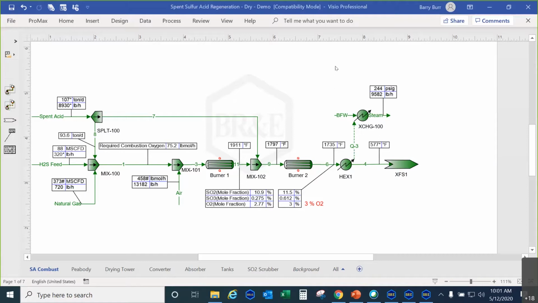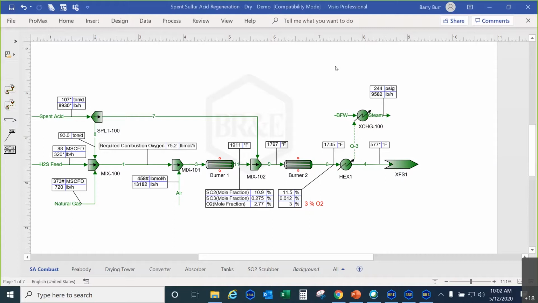I don't have very much experience with sulfuric acid, and until January, I'd never thought about simulating it, and I couldn't tell you the basic reactions that proceed to sulfuric acid production. But I've done a little work on it this spring, and I've done a lot of ProMax modeling work.